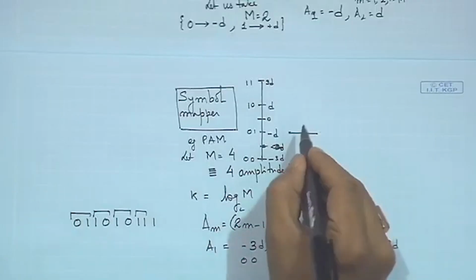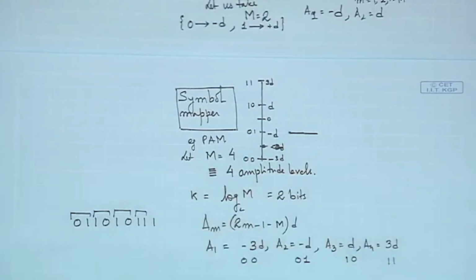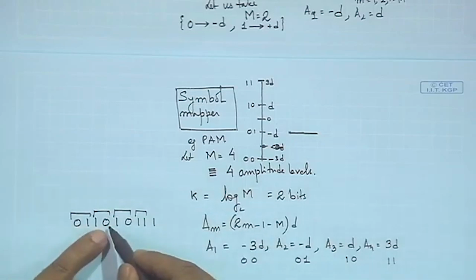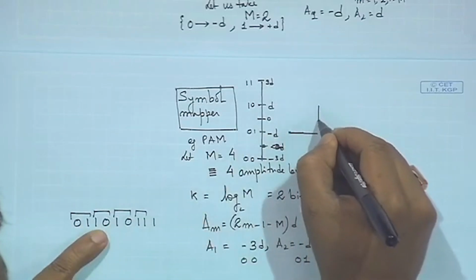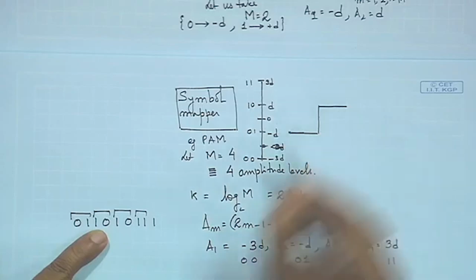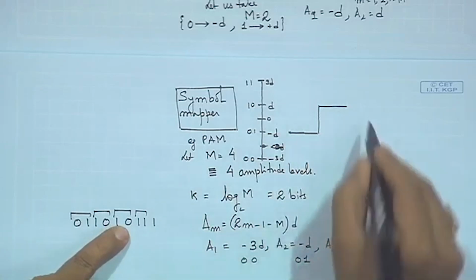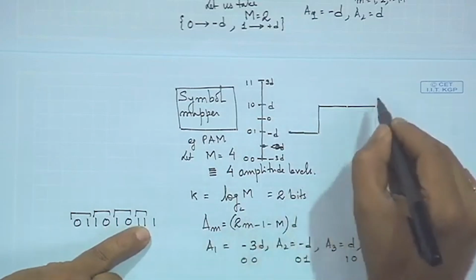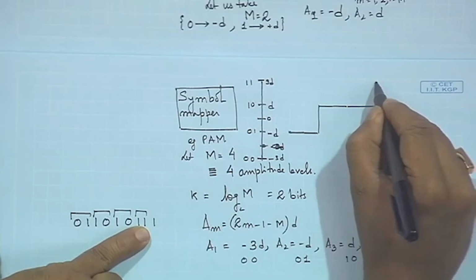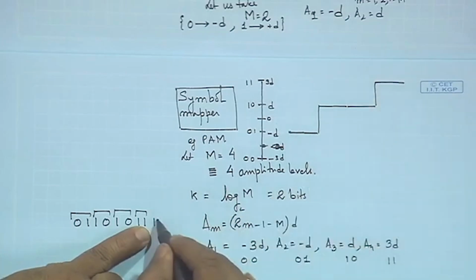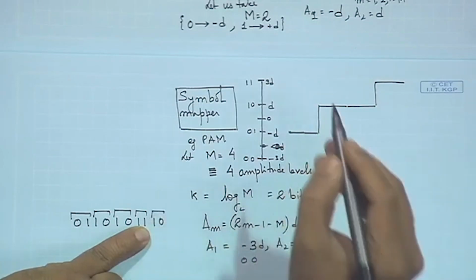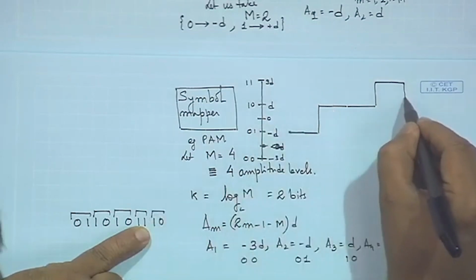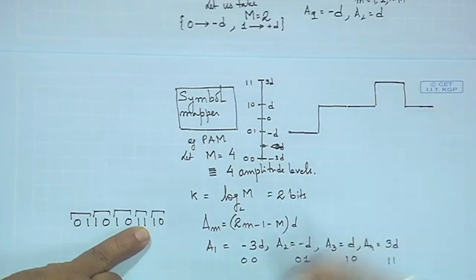So, that means, this minus d would hold for a duration which is 2 T b, right, followed by 1 0. Then you have another 1 0, it should be like this, then you have 1 1, which would be here, and then suppose we have a 1 0, that means you are back over there, right.